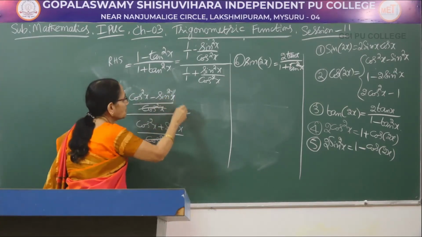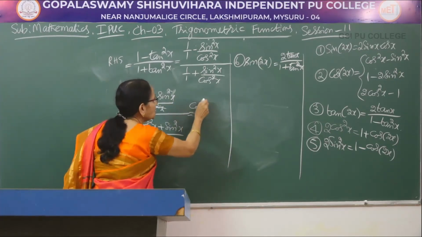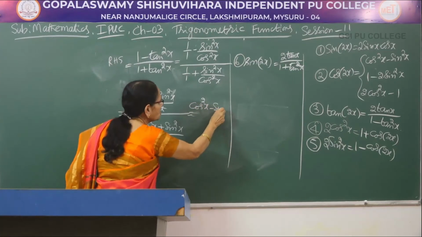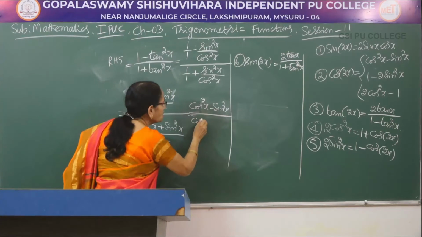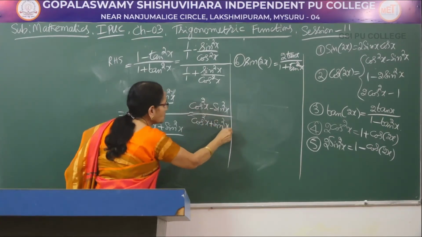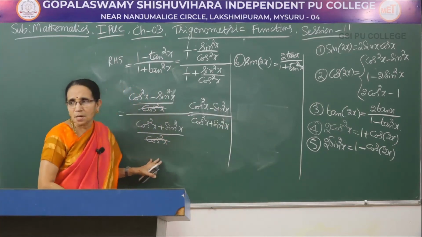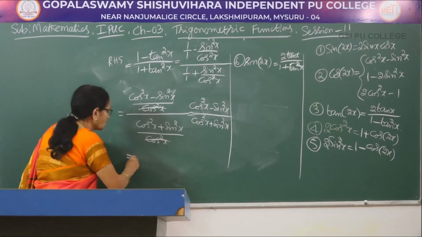Now look at the numerator. What is remaining? Let me write first. It is cos square x minus sin square x divided by what is remaining in the denominator, cos square x plus sin square x. Now look at the numerator: cos square x minus sin square x.